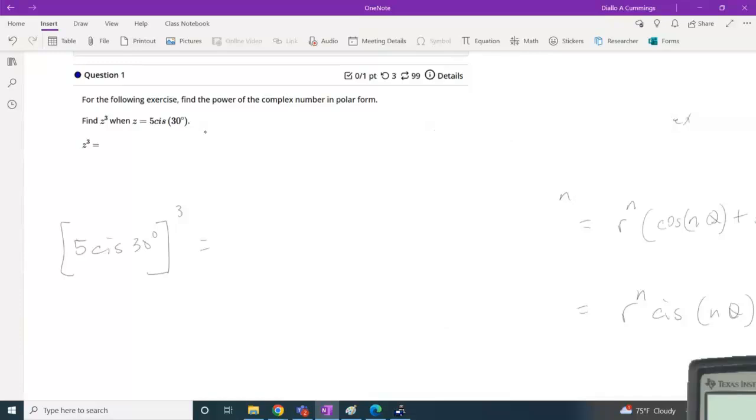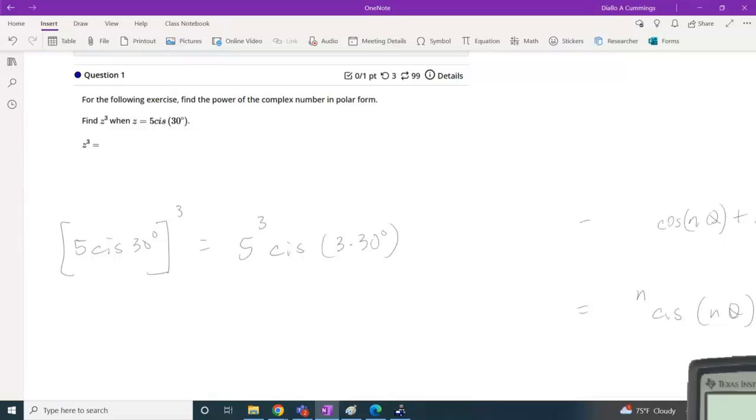All right, so if I take a look at the formula, it says that I take my modulus and raise that to my power. So I'm going to take 5 and raise that to the third power. And then I want to multiply my argument times my power. So this is 5 to the third power cis 3 times 30 degrees. Right, I raise my modulus to the third power.